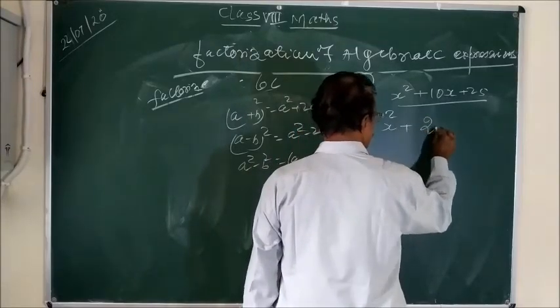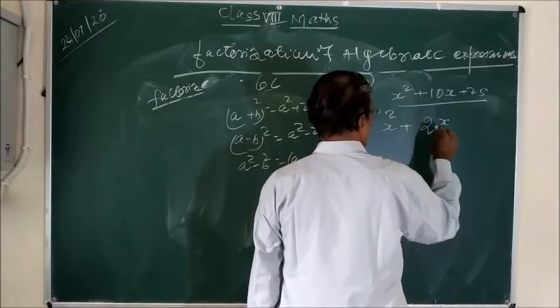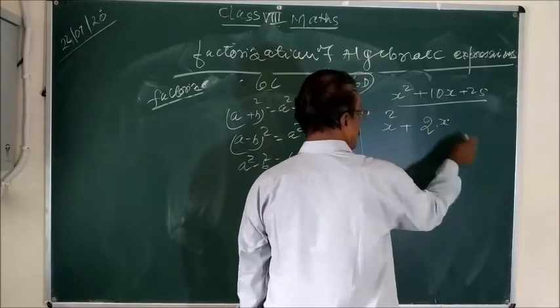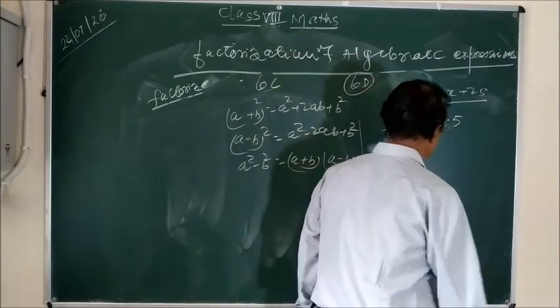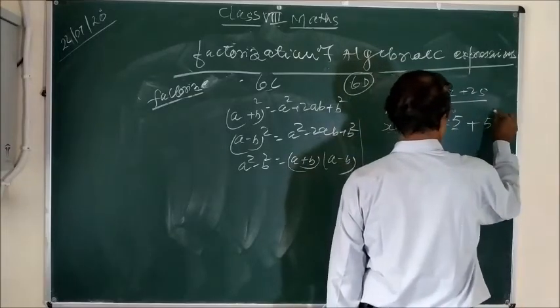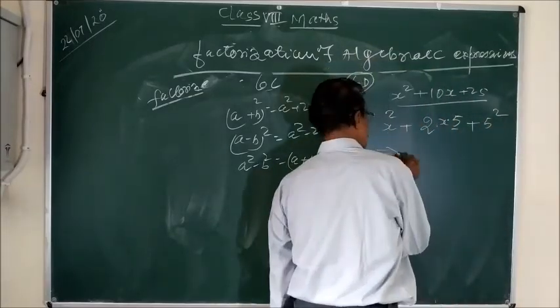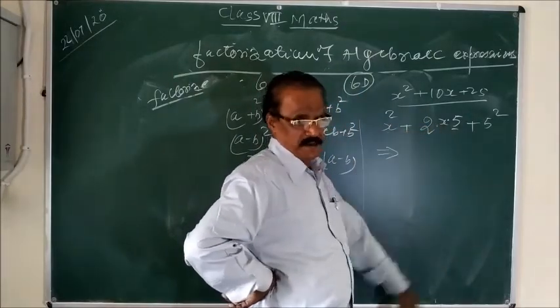So we try to write 2 into a, the first term x, and by how much will you multiply 2x to get 10? You will multiply by 5. This is b. And 25 is the square of 5. So this is the important step.